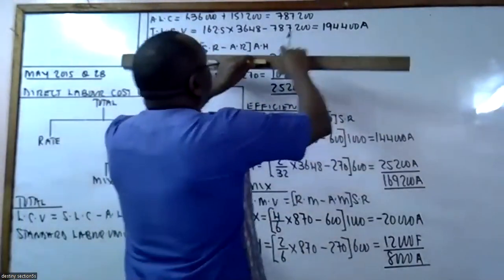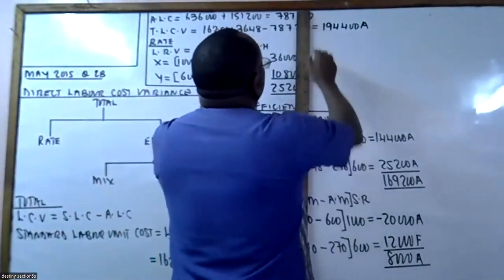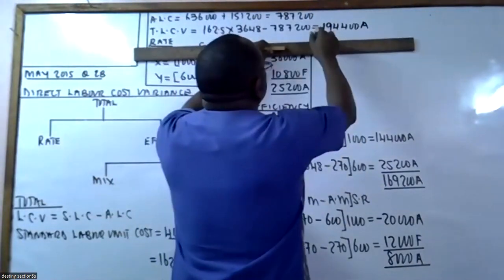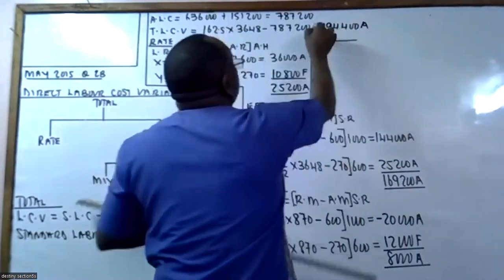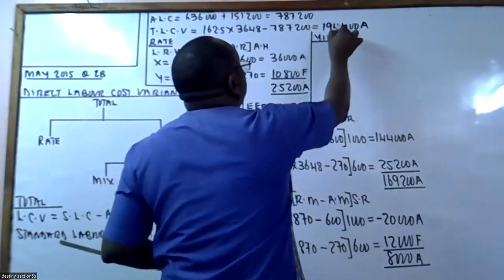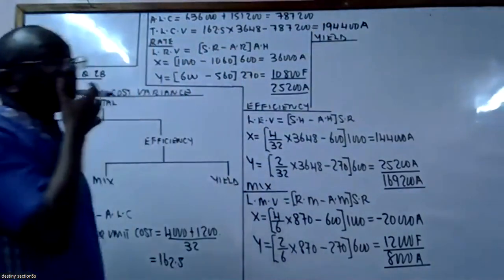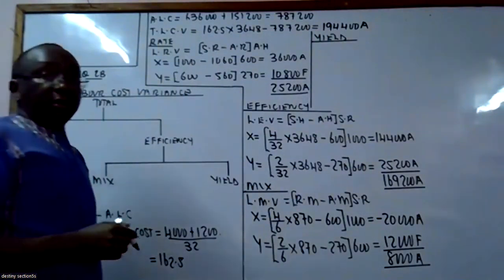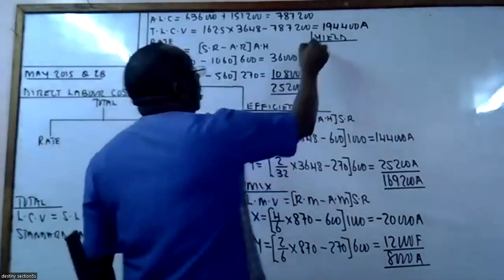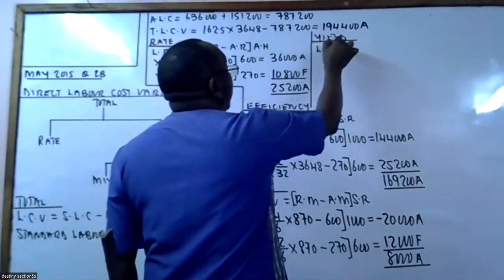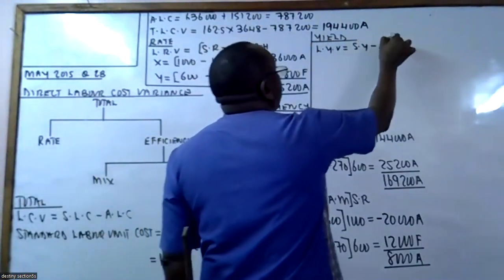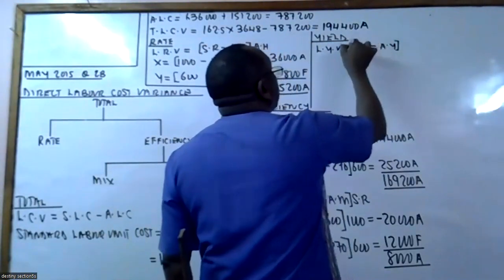And then with that, we can come and look for the yield. Now the labor yield variance is given as standard yield minus actual yield.